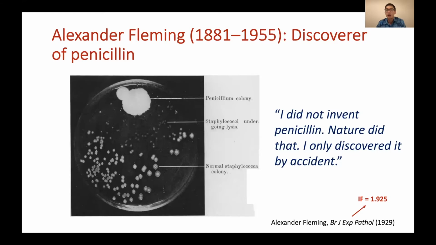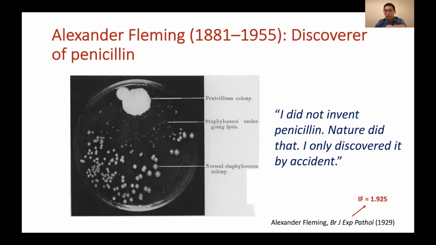Because Alexander Fleming kept his curiosity, like I told you in the beginning, you have to keep your curiosity all the time. Sometimes if you don't have any curiosity, you see this plate, think it's not really interesting, and trash it. So you miss the big thing, right?